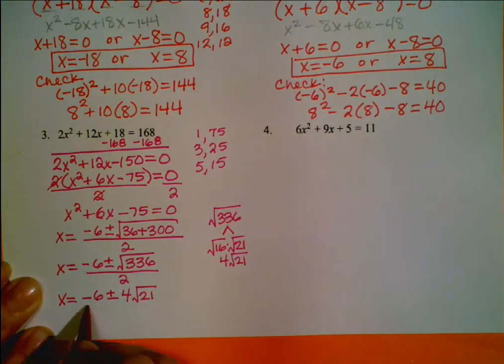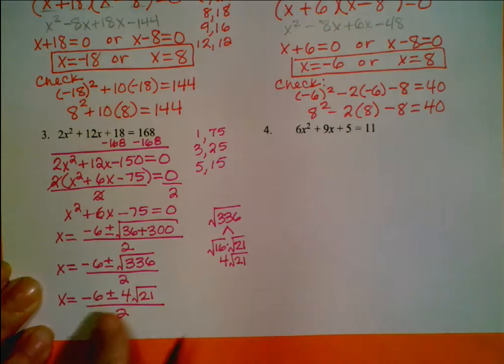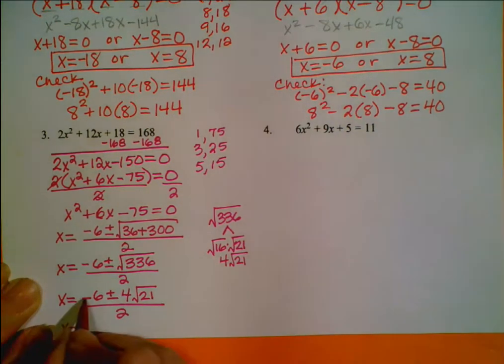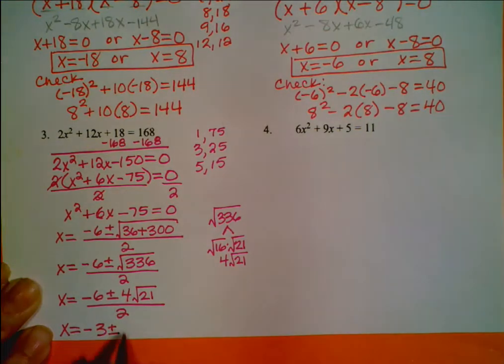Now, why is that useful? Because now I have two whole numbers, the negative 6 and the 4, that are both divisible by 2. So I'm going to divide the 2 into this negative 6 and into that 4, which produces negative 6 divided by 2 is negative 3, plus or minus 4 divided by 2 is 2.